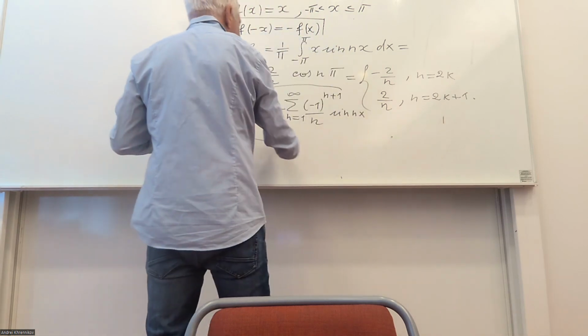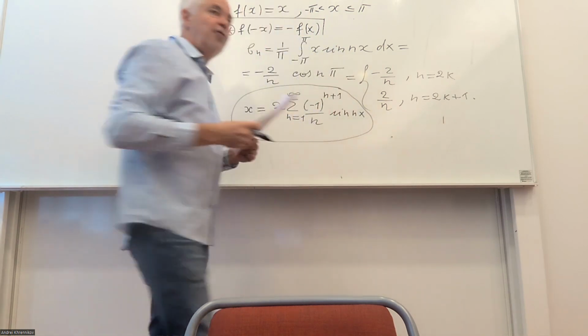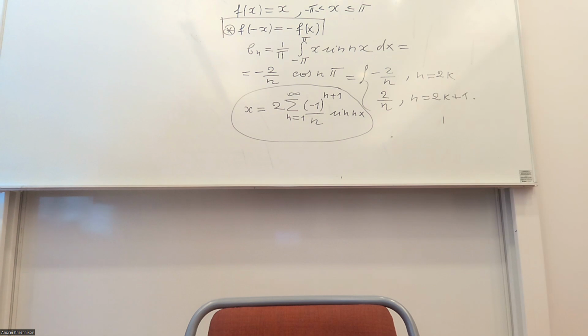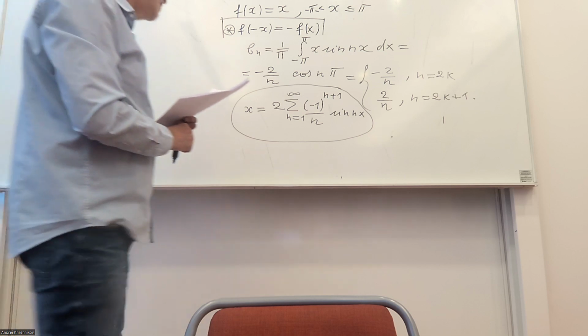So this is the first part of the problem, the usual exercise. Maybe today I will send you exercises to expand different functions into Fourier series. This is a very simple function, x, and we expanded it into this Fourier series.